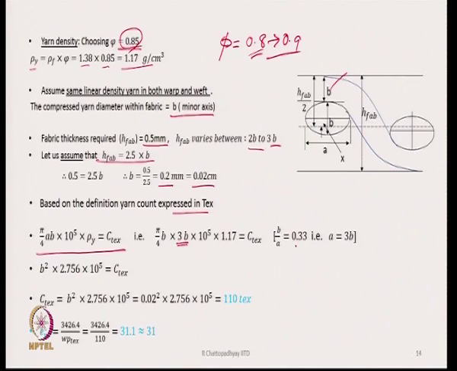Why? B by A, in the case of very low twisted yarn, we have seen that B by A value is usually 0.33, that is A is 3 times B, it gets deformed so much.